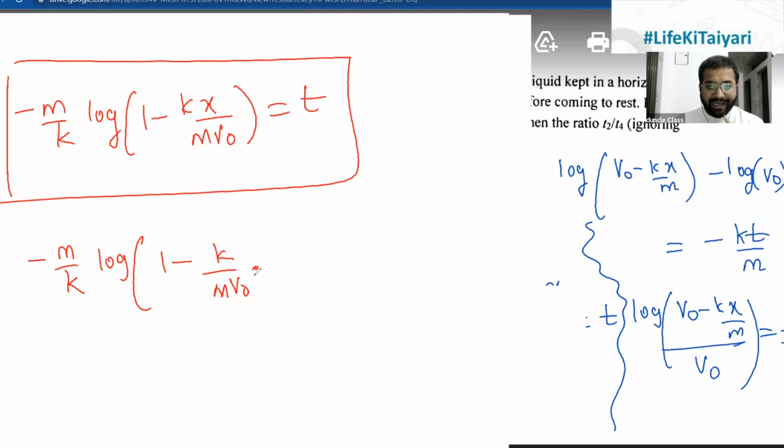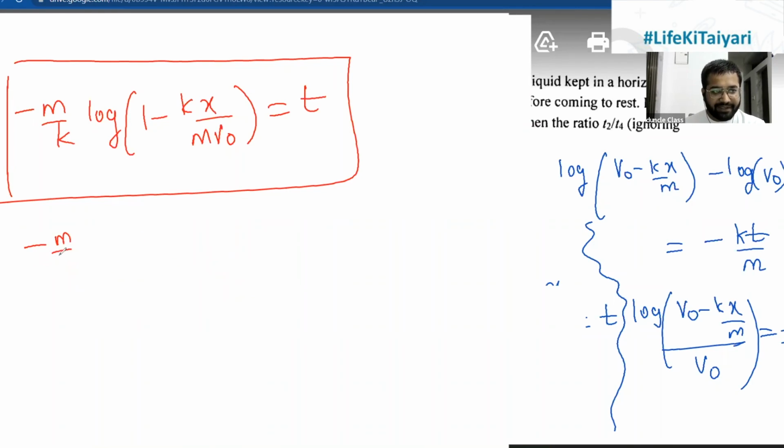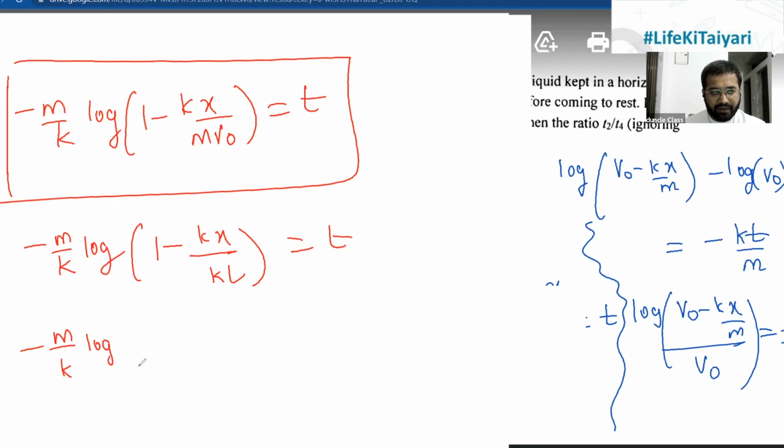Let's first apply that. Good, nice. Now we are very close to the answer. So this is log of 1 minus kx, m v naught was kl. So k gets cancelled. You have got minus m by k log of 1 minus x by l.